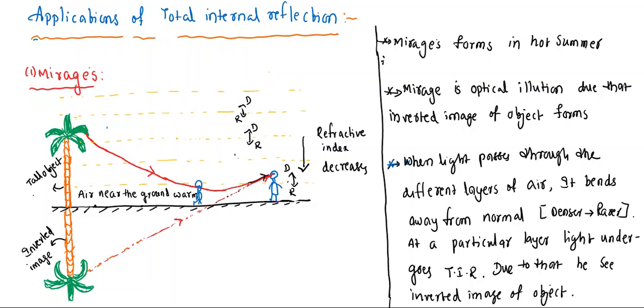This is called a mirage. Right. Now, if you have any doubt, you can ask me. I am going to erase this one. You take a screenshot and note it.